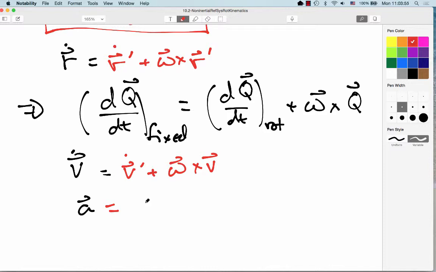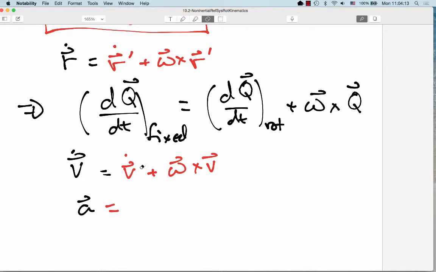Oops. Yeah, oops, sorry. This is v here. Get rid of that. In our rotating frame.